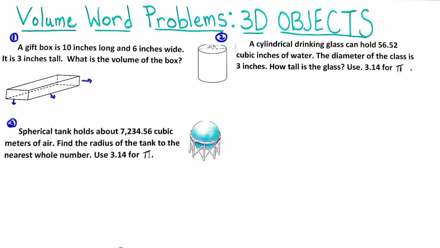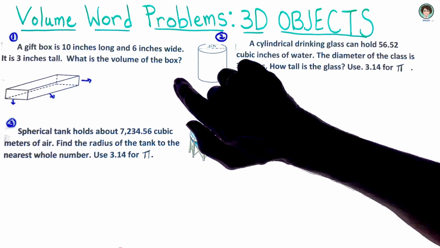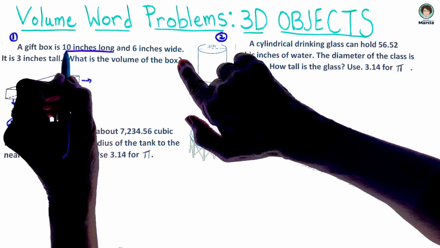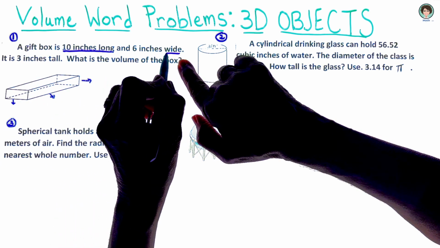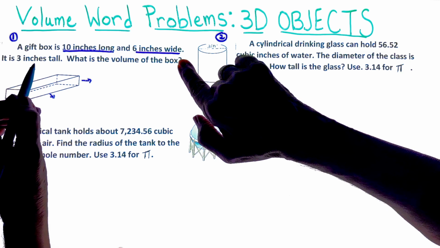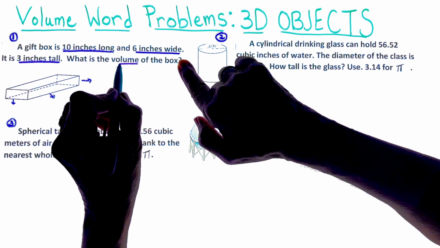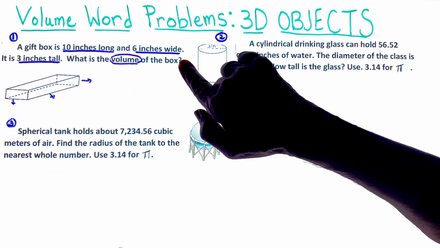A gift box is 10 inches long and 6 inches wide. It is 3 inches tall. What is the volume? Okay, well, with marking the text, we have 10 inches long, 6 inches wide, 3 inches tall. And we are looking for the volume.